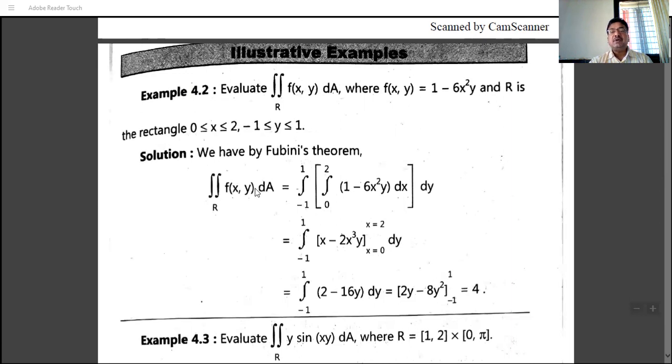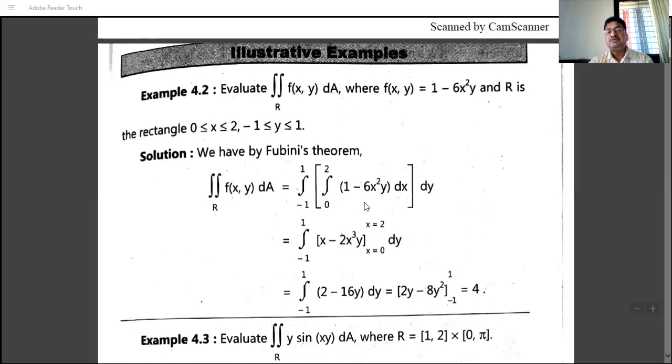So the double integral over R of f(x,y) dA is the integral from minus 1 to 1 of the integral from 0 to 2 of (1 minus 6x square y) dx dy, where dA means dx dy. So here we integrate with respect to x first, and then with respect to y.